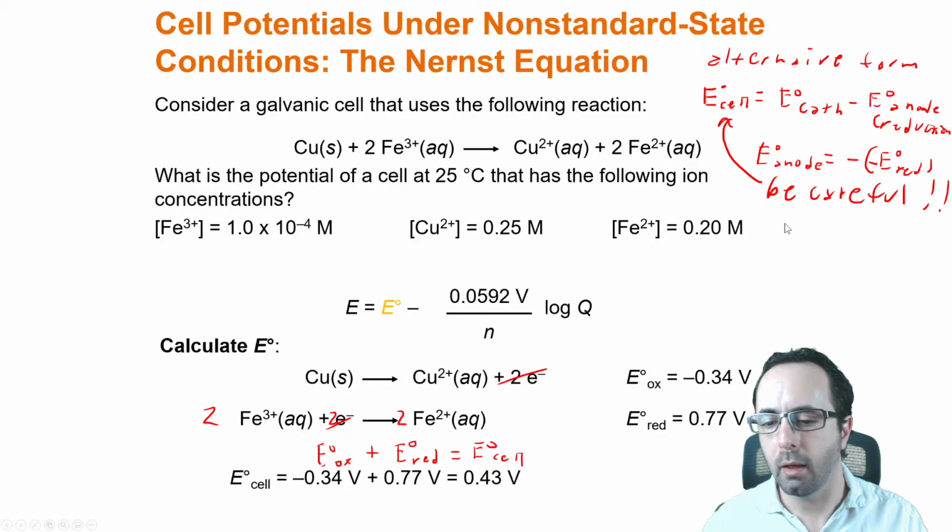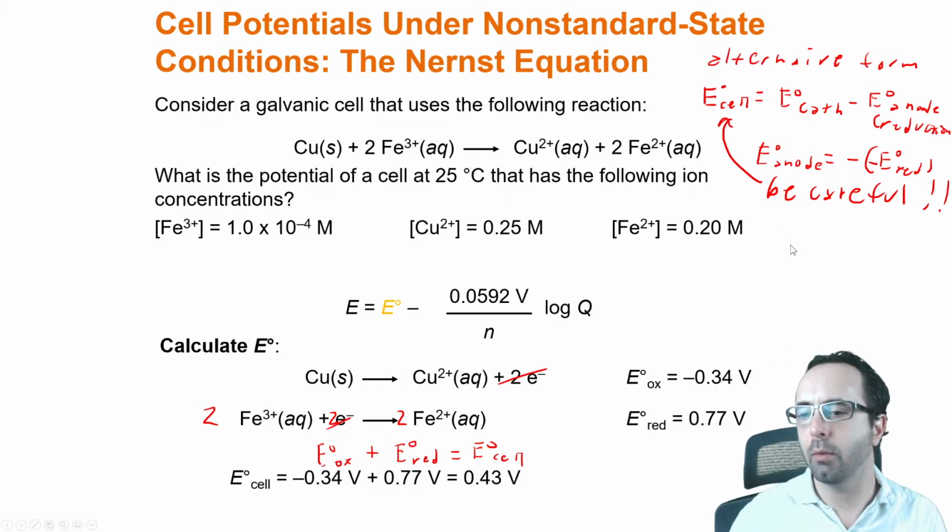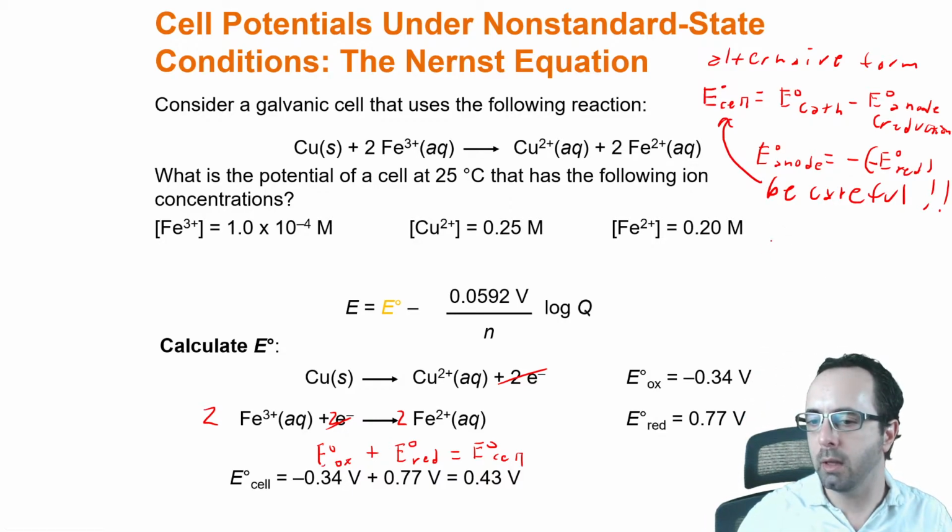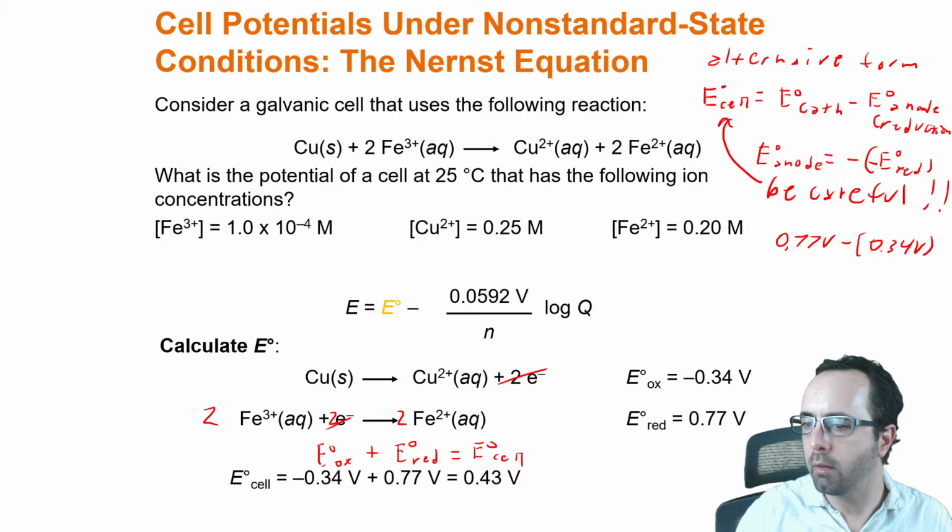So if we use this one, in our equation here our E standard cathode would be 0.77 volts, and then we'd be minus 0.34 volts.